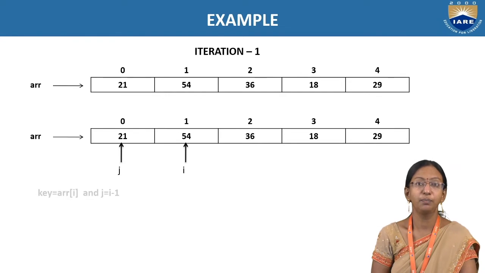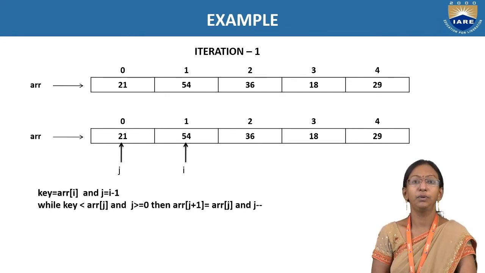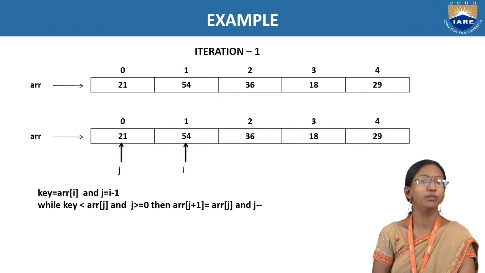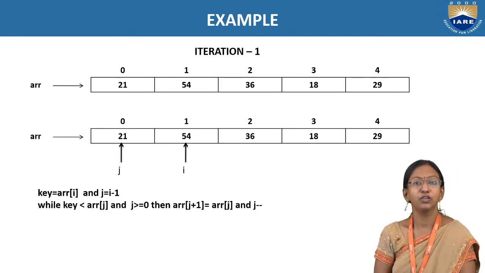So here starts the process. key will be a variable which always holds the content pointed to by i. Our task is to place the key at its right position by the end of the iteration.